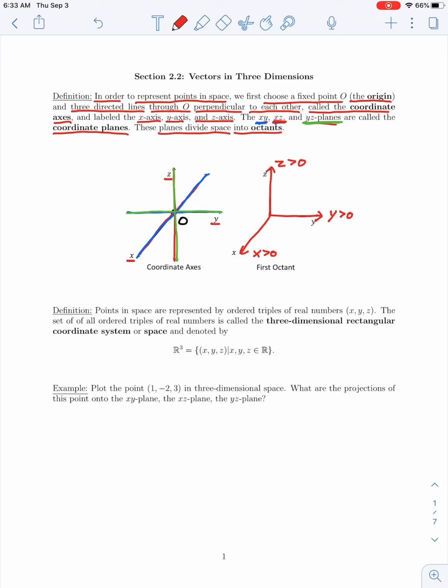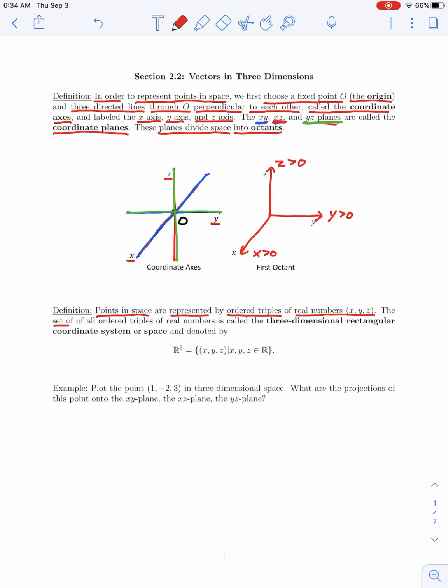So we can represent points in space as ordered triples of real numbers, x, y, and z. So just like we would represent points in the plane by an ordered pair, x, y, we can represent points in 3 dimensions or space as an ordered triple, x, y, z.